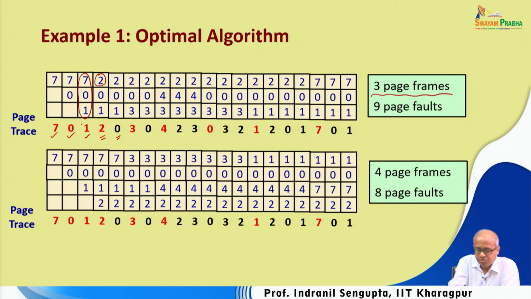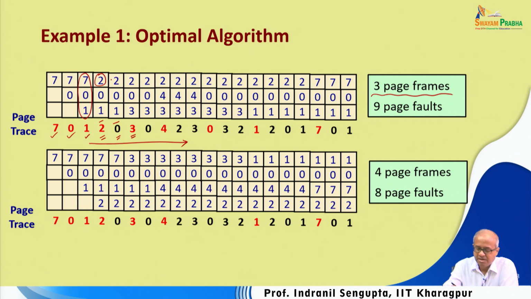So, out of 7, 0, 2 you look into the future, you see 2 is accessed here, 0 is accessed here, 7 is accessed much later. So, 7 will be the victim, remove 7. And next, when 2 is accessed, okay, next 0 is already there, fine, next 3 is accessed.